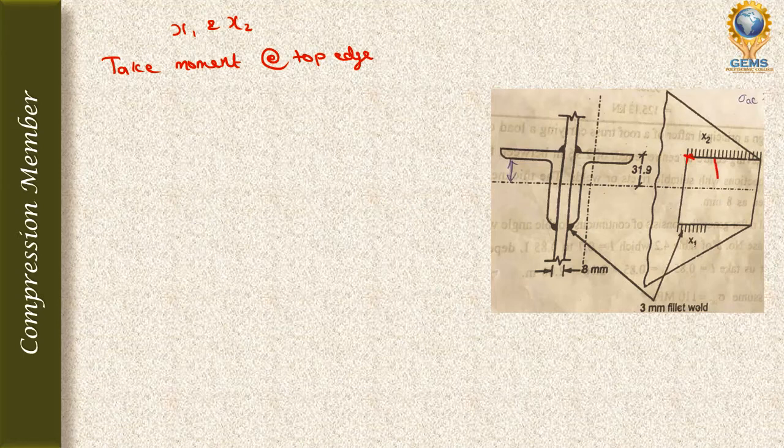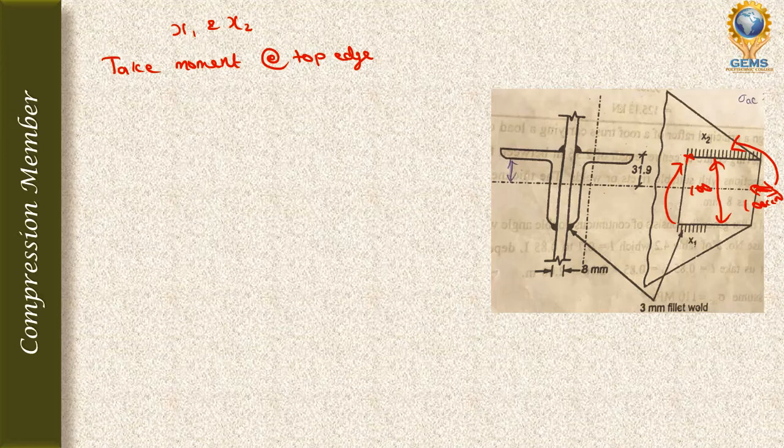So we know this distance is 100 and we have 100 kilonewton. This will cause a clockwise and this will cause an anti-clockwise moment.